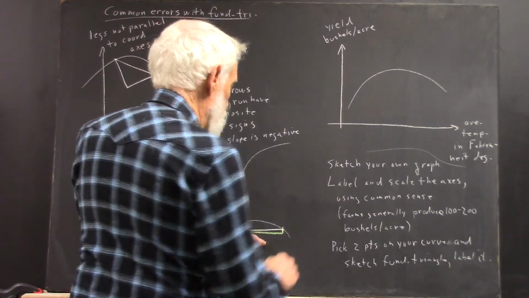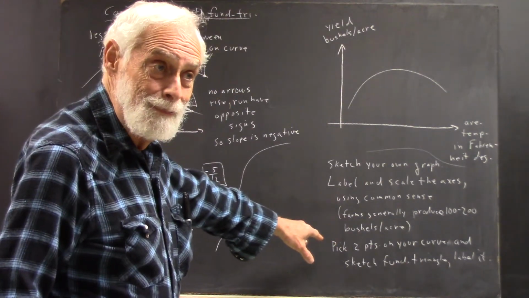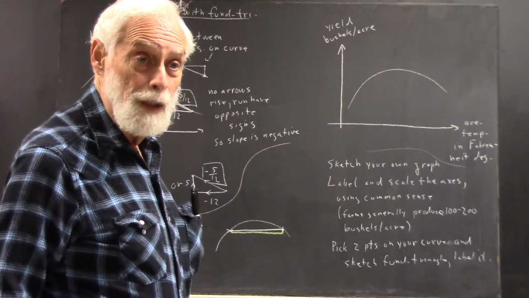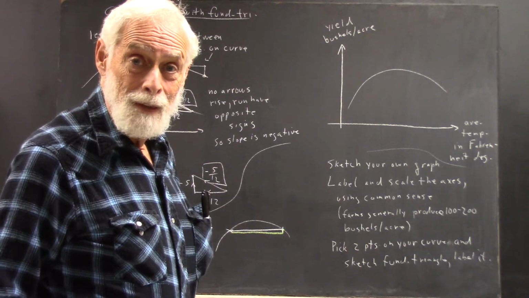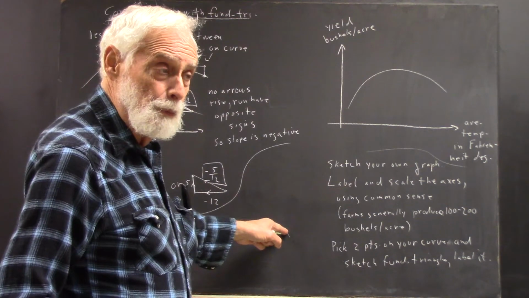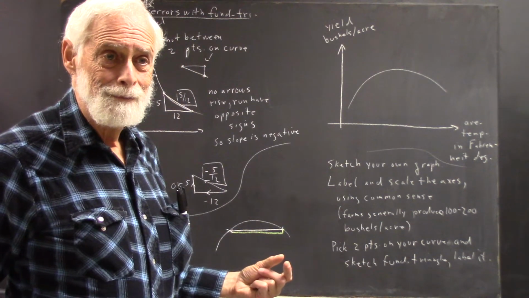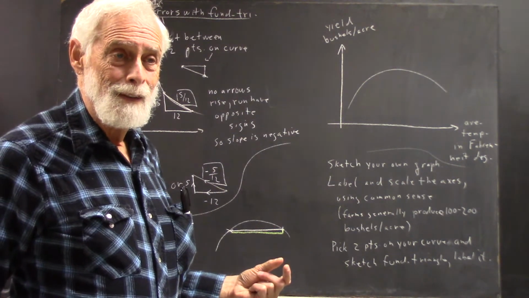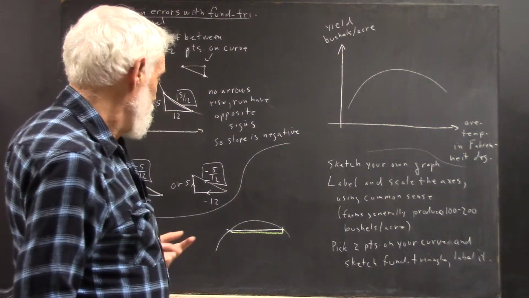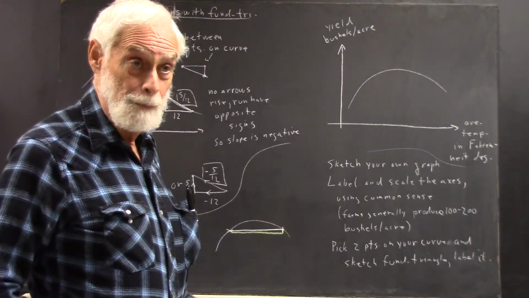So if this is horizontal, if this is parallel to the x-axis, then this is parallel to the y-axis, right? Now, if this point is exactly the same height as this one, what's that tell you about the rise? Well, there'd be no rise between 2 points that are horizontally apart from each other, right?